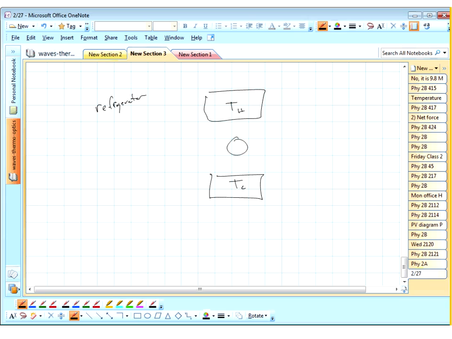A refrigerator is actually removing heat from the cold place and dumping it to the hot place. And how are we doing that? That would not normally happen, right? Well, we're putting work in. We're doing work to make that happen.